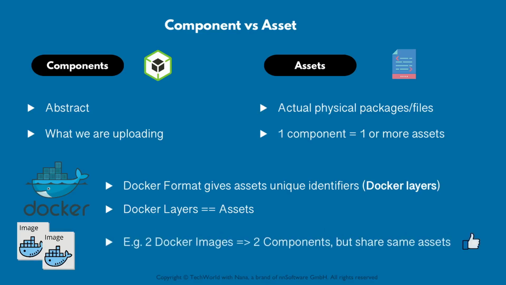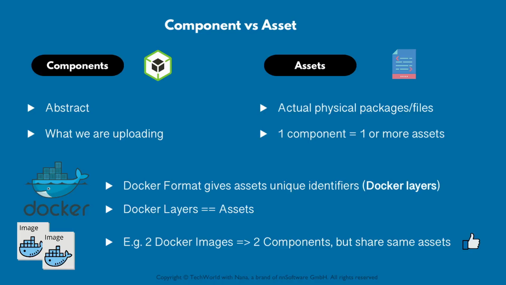So if you have two Docker images that use the same layer, then you would have two components, one for each image, and they will share that one layer as an asset. As an example, a Docker layer could be a specific operating system which is referenced by multiple Docker images.